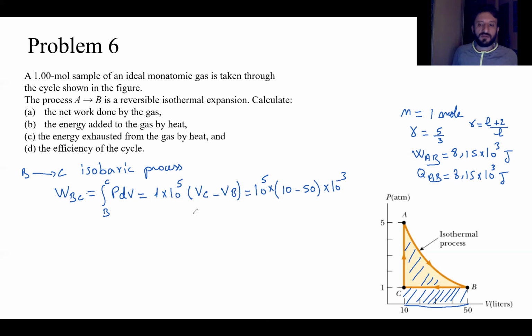We get finally omega BC, we can calculate its value in joule, equals minus 4.05 times 10 power 3 joule. This is omega BC.